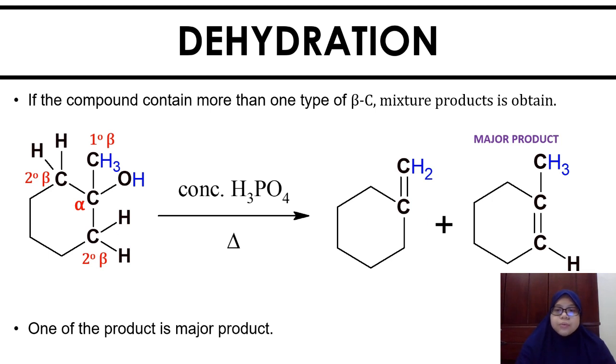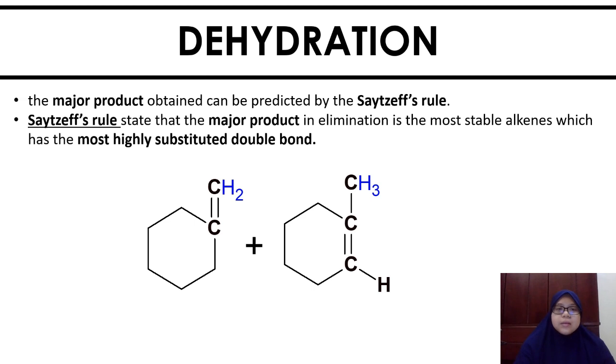How do we determine the major product? The major product obtained can be predicted by Saytzeff's rule. Saytzeff's rule states that the major product in the elimination is the most stable alkene, which has the most highly substituted double bond. So which one has the more highly substituted double bond? This is your double bond.